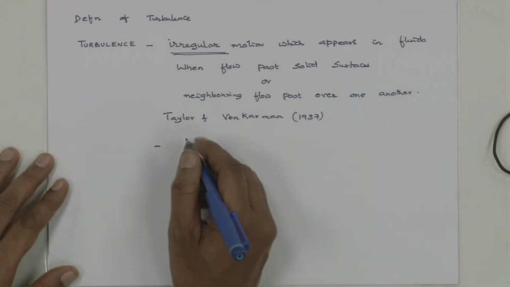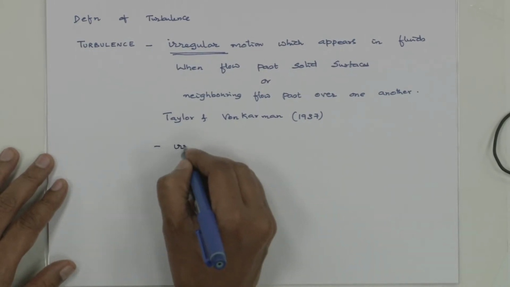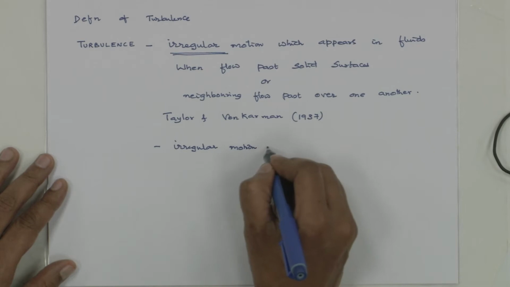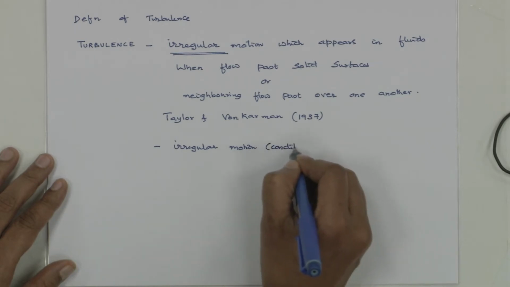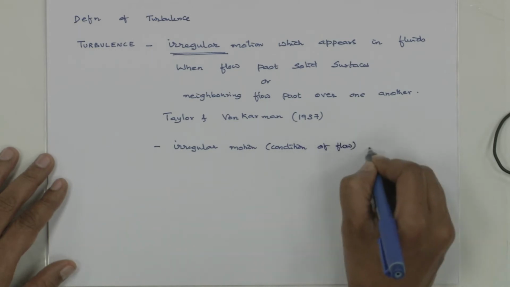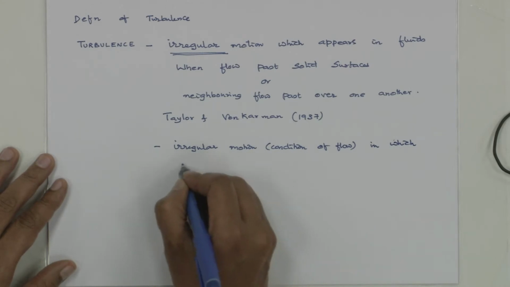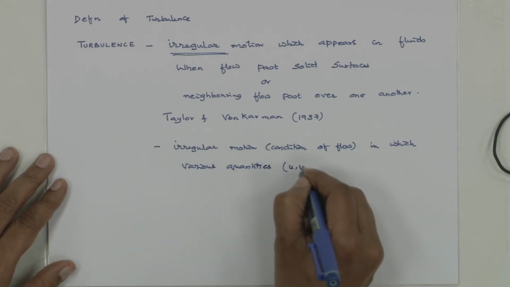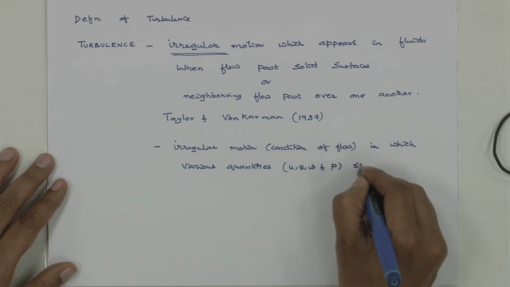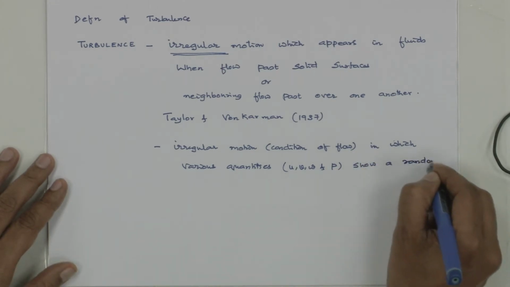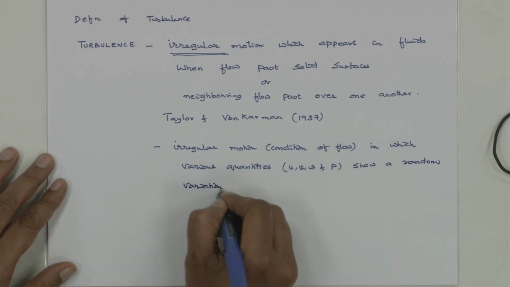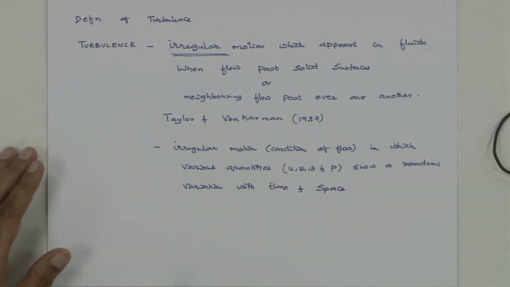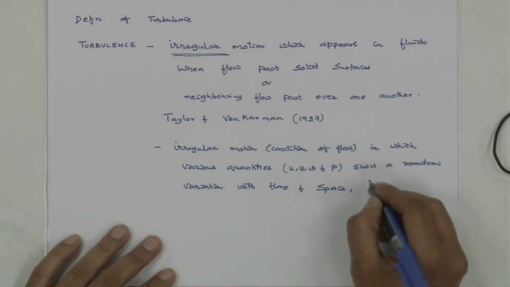The turbulent fluid motion is an irregular condition of flow in which various quantities, it can be velocity, pressure, density, show a random variation with time and space.